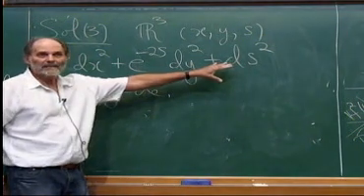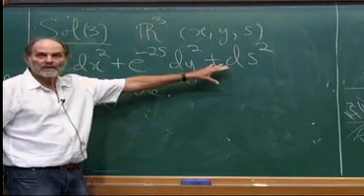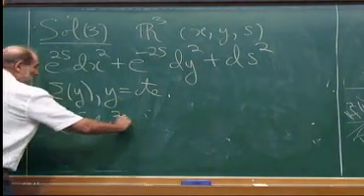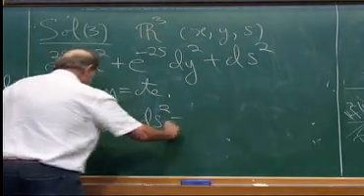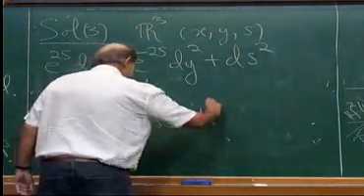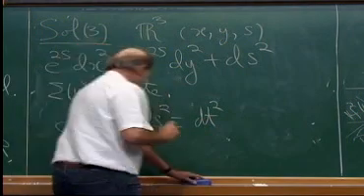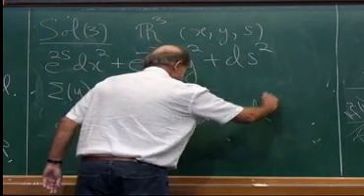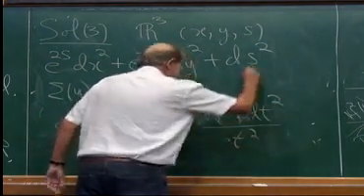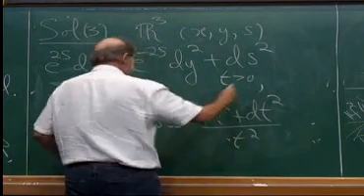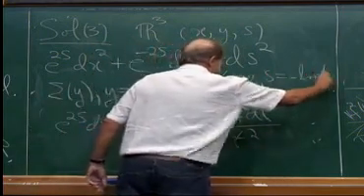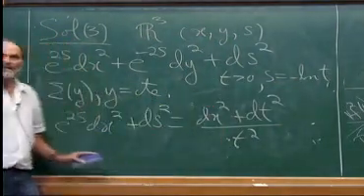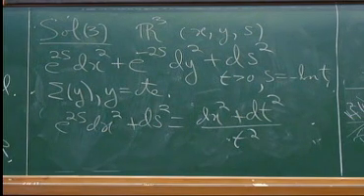I claim that's the hyperbolic plane of curvature -1 in horocyclic coordinates. e to the 2s dx squared plus ds squared is equal to dx squared plus dt squared over t squared, t positive, s equals minus log t. So this is horocyclic coordinates on the hyperbolic plane.